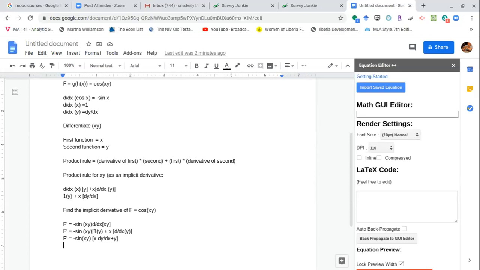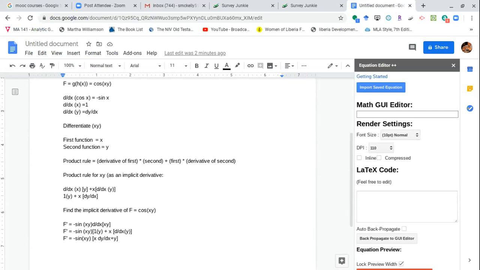Oh, okay, so you're distributing. Right. Is equal to the cosine of y dy dx. You see it? So minus sine of xy times x dy dx minus y sine of xy equals cosine of y dy dx.